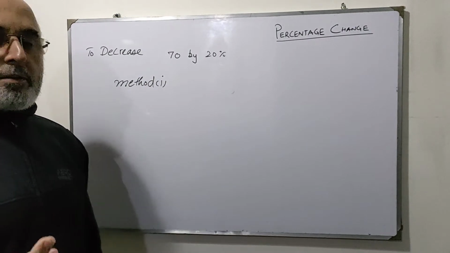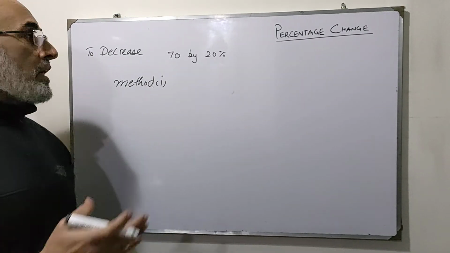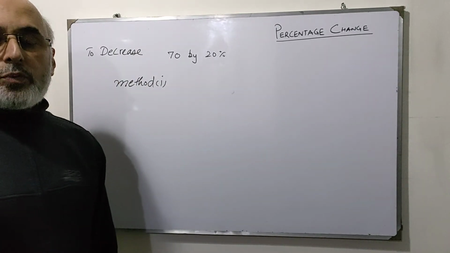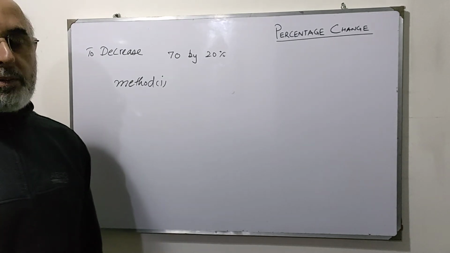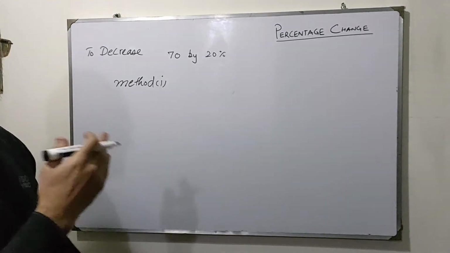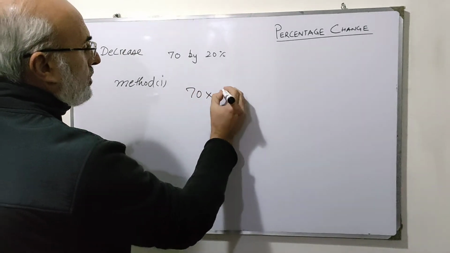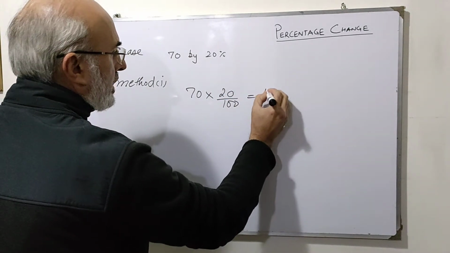It's very similar to the previous thing when we were increasing. What we did, we tried to find out the 20% of 70, and for that we multiplied 70 with 20% and we got 14. We are doing the same thing here. So 70 into 20% and we get 14.